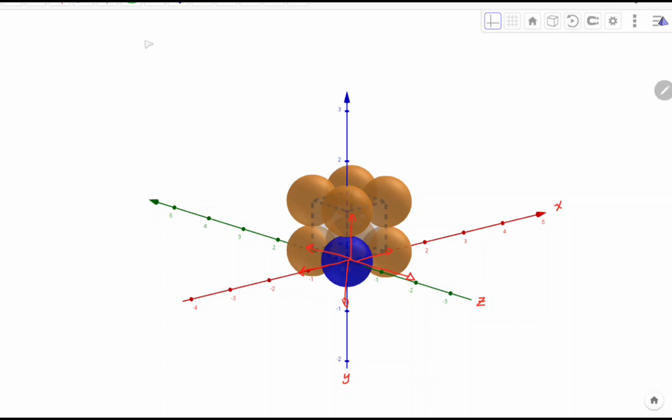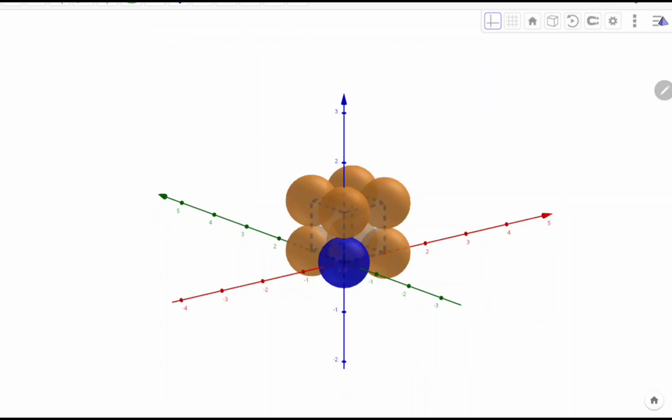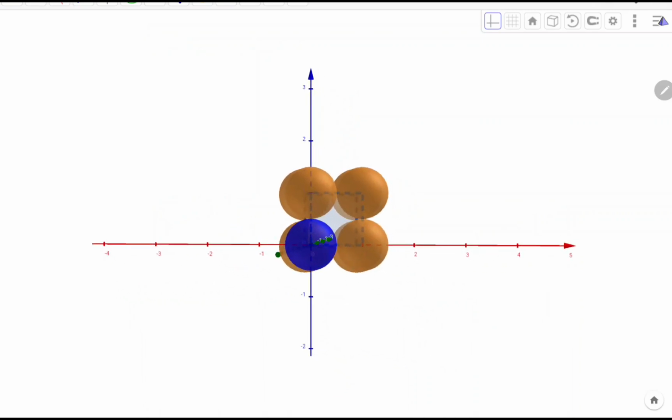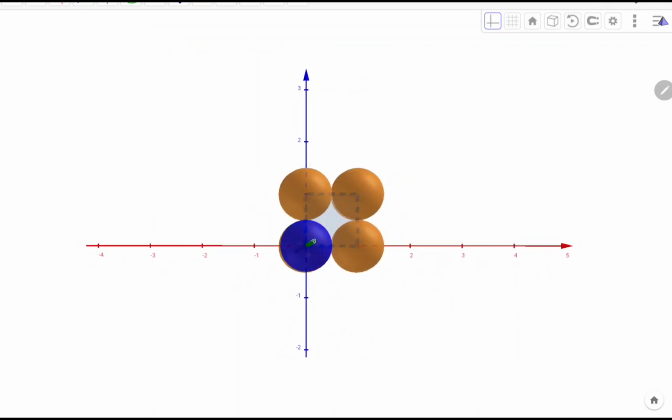So the first nearest neighbor number is equal to 6. Now let's find the second nearest neighbor.